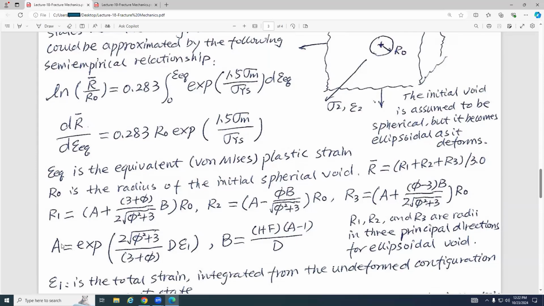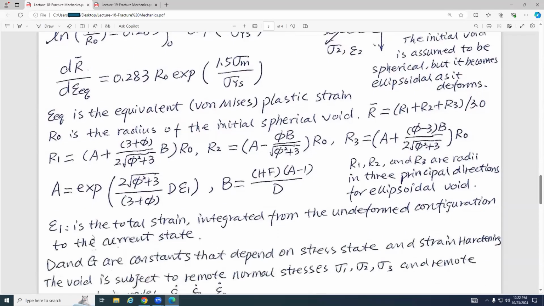And especially A is using this one, and B is using this, and what are D and G? Okay, epsilon 1 here is the total strain integrated from the undeformed configuration to the current state. So this is epsilon 1. And D and G are constants that depend on the stress state, the strain, and also strain hardening.